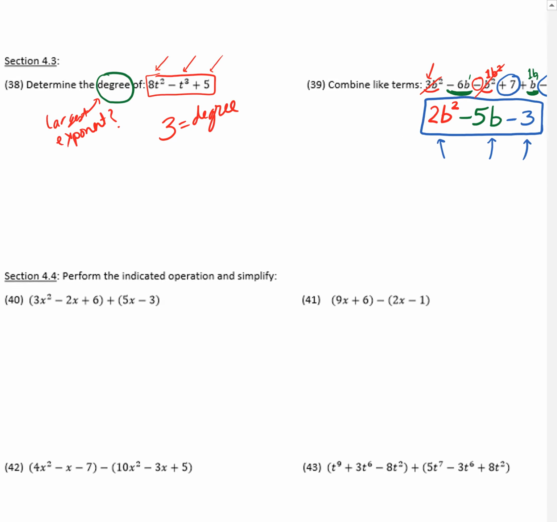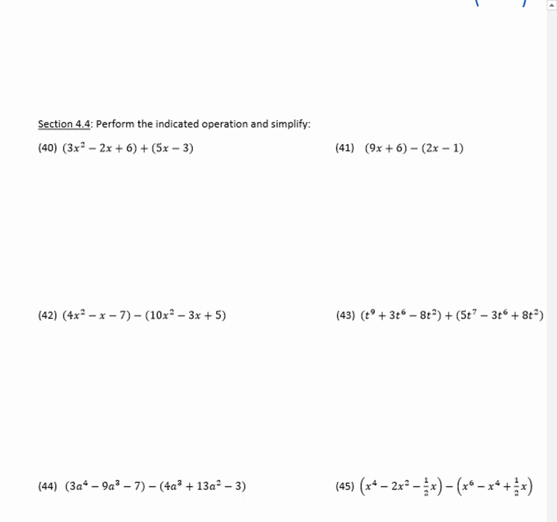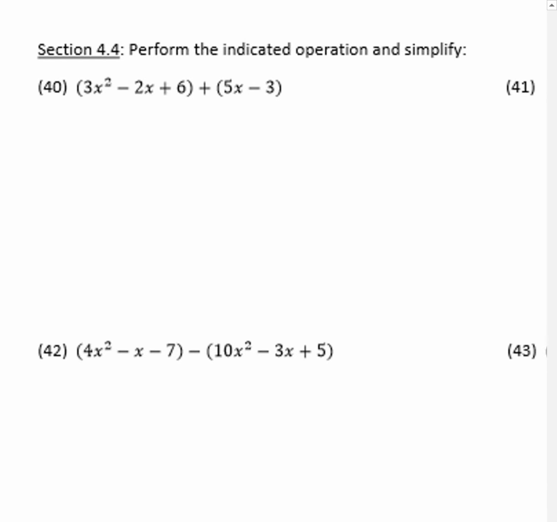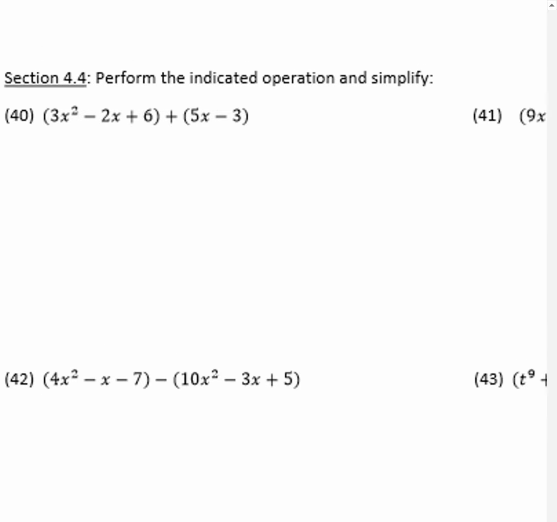All right, that was good. How about the next one? Very similar. They just put these parentheses around it. I don't know if you notice in the homework, sections 4.3 and 4.4 have a lot of really similar problems, and you think, wait, why are there two separate sections if we're doing the same things?